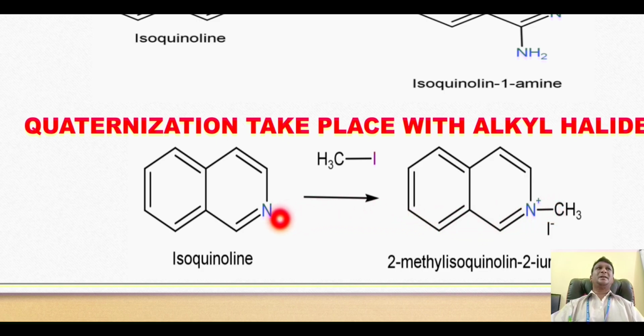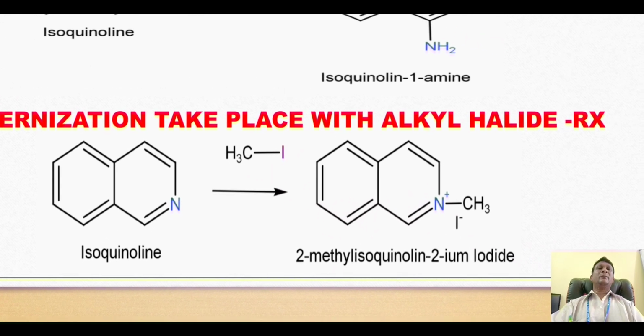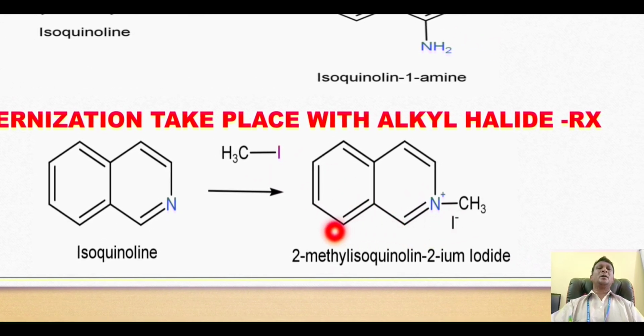The quaternization takes place because the nitrogen had shared its pair of electrons with this methyl group, and with this positively charged nitrogen, this iodide ion will remain in its ionic bond. So isoquinoline will give 2-methylisoquinolinium iodide.